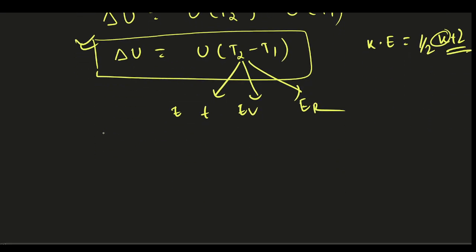That's why when you are calculating delta U for C_V, at that time you are calculating translational, rotational and vibrational; all these things we will discuss later. So delta U equals U at T2 minus T1.